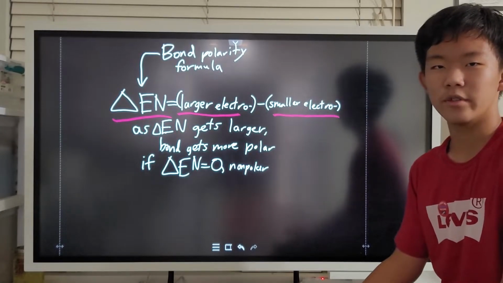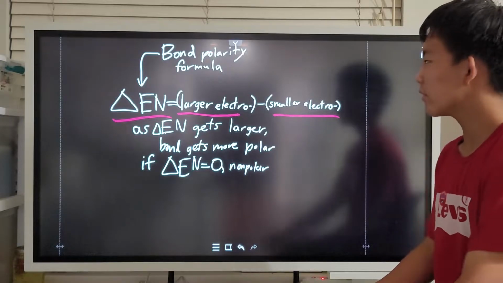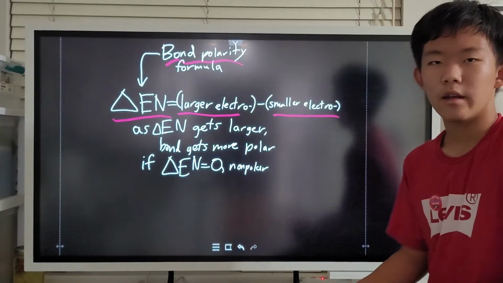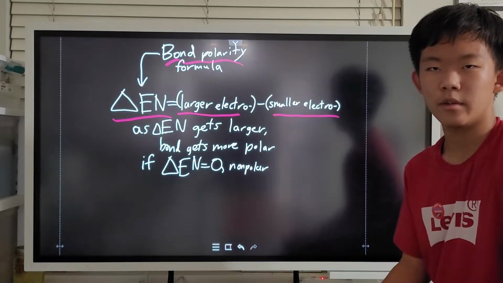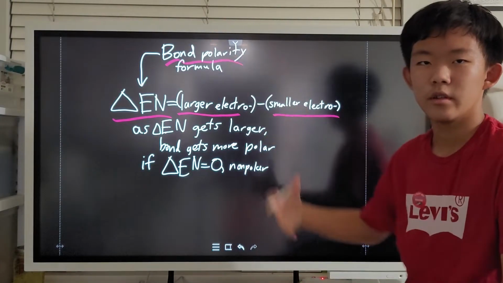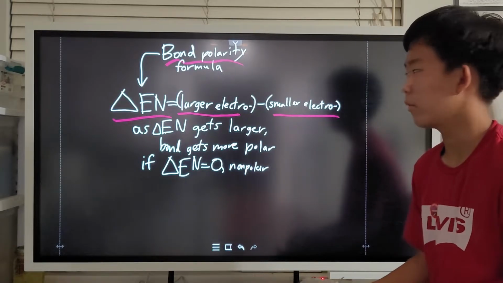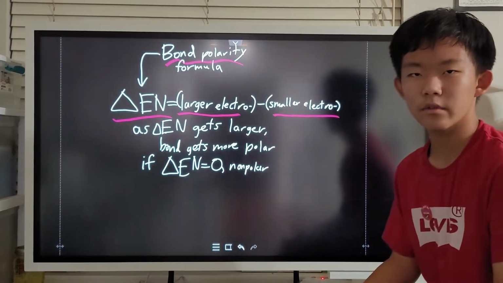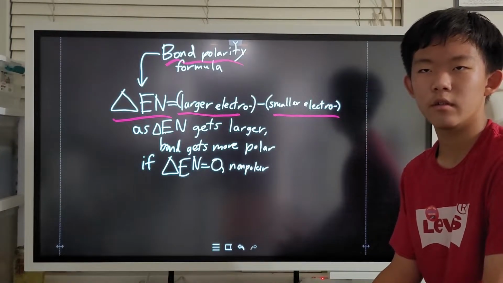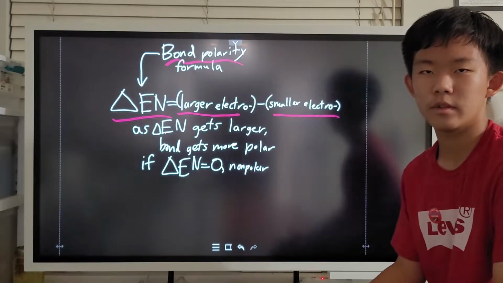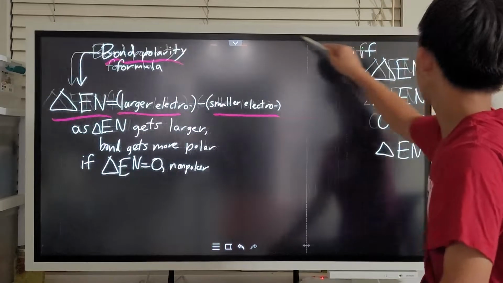Okay, maybe not a preschooler, but still, if you can do subtraction, finding bond polarity is easy peasy. As delta EN gets larger, the bond becomes more and more polar. However, if delta EN equals 0, then it is non-polar, so it doesn't have any poles, no delta plus or delta minus whatsoever.